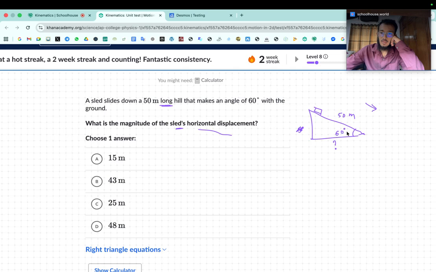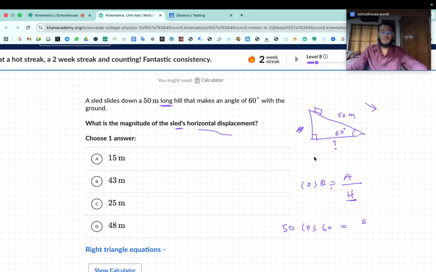So we have adjacent over hypotenuse, which is cos theta. We know that cos theta is equal to adjacent over hypotenuse. So cos 60 equals adjacent, which is horizontal displacement, let's say S, divided by h, and h is 50.